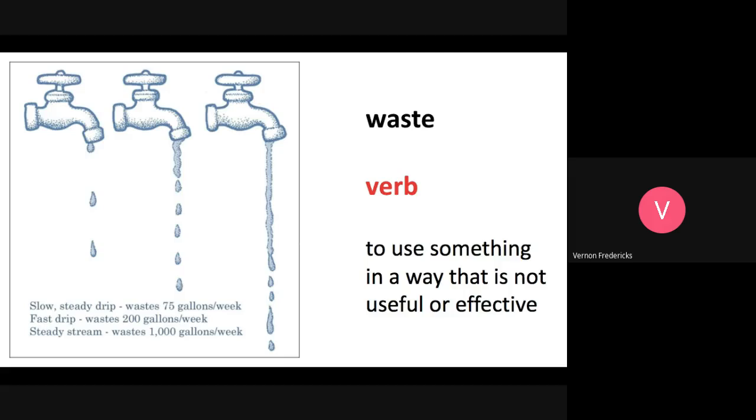Food is wasted. Because you didn't finish all your food, the people in the restaurant have to throw that food away. Nobody can eat it again because you have already eaten from it. That's waste. Use something in a way that is not very useful or effective.